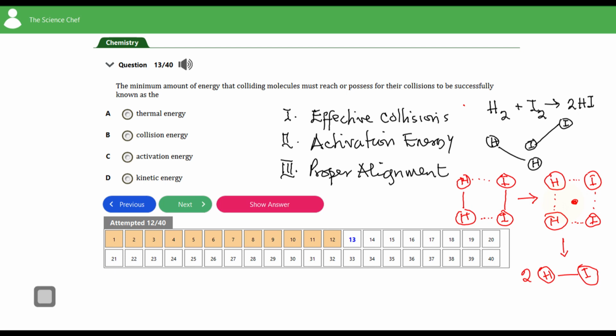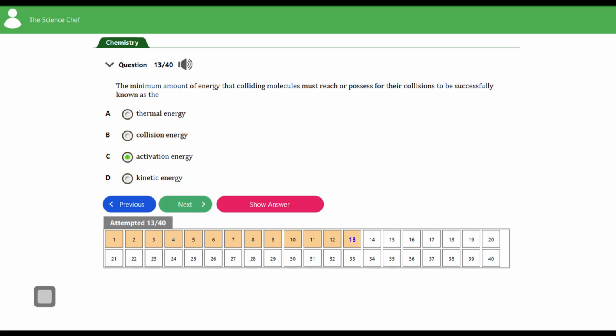That's where the product formation starts. But once that is attained, then you will get your product formed. But for that to happen, there must be a proper alignment. There will be effective collisions, and the result of effective collisions will lead to overcoming the activation energy. So our answer here is activation energy.